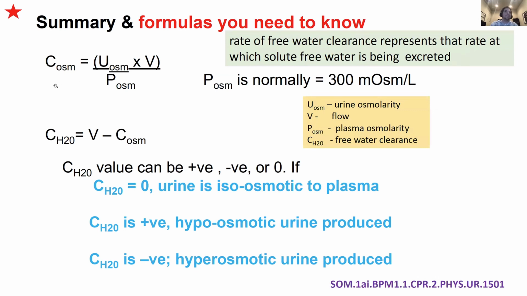And these are some of the formulas. These will probably be straightforward if they even do give you a formula like this. They'll give you these and you'll just need to plug it in. And it is important to understand, like I said, that with this free water, if it's positive, you're getting rid of a lot of free water, right? And if it's negative, you're getting rid of a lot of concentrated urine.